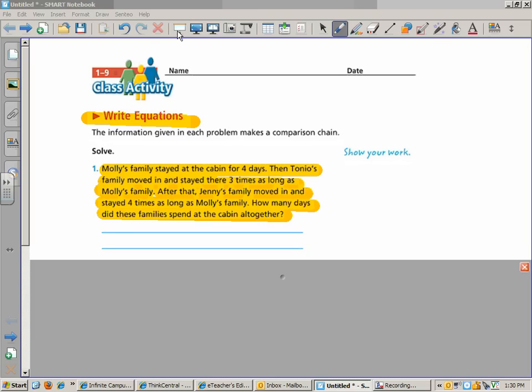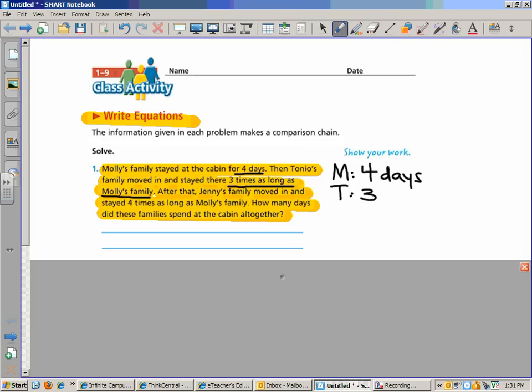So we're going to start out with Molly's family. And Molly's family stayed at the cabin for 4 days. And we're going to break it down even more. So let's get all the important details out. Then we have Tonio's family. And Tonio's family is going to stay 3 times as long as Molly's family.